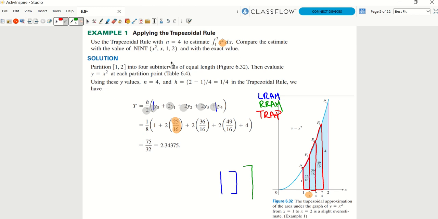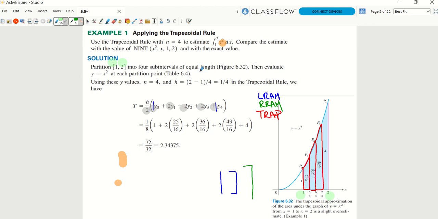Now it's asking for the estimation between 1 and 2, okay? Between 1 and 2 right here. So between 1 and 2 is right here.